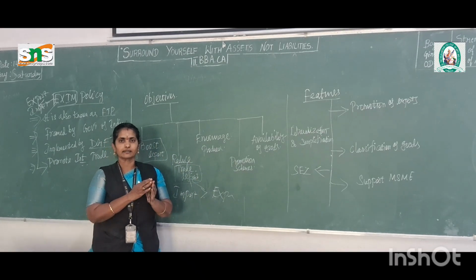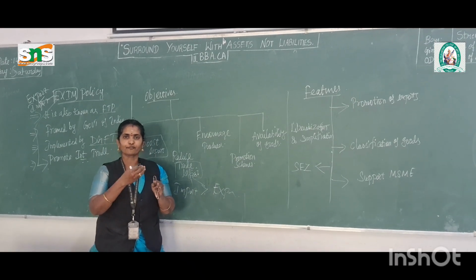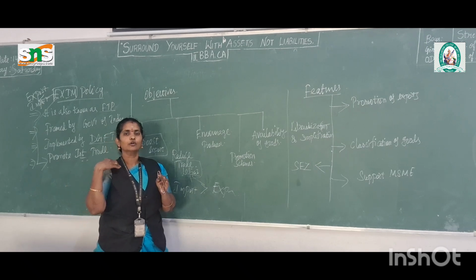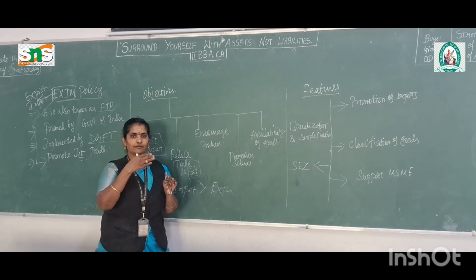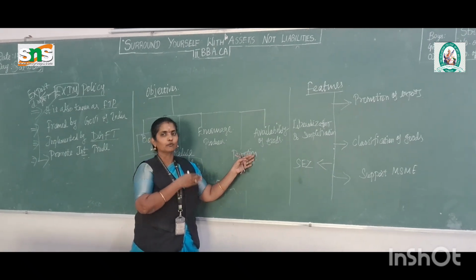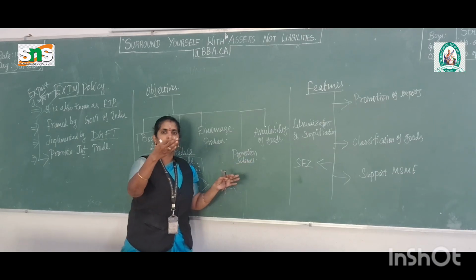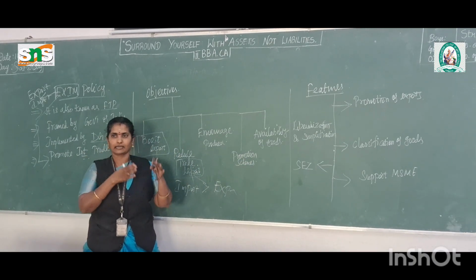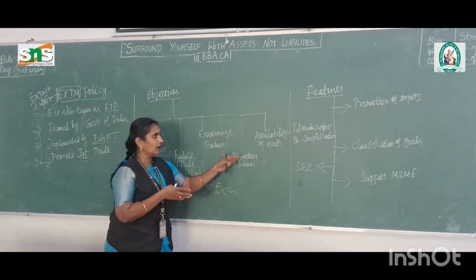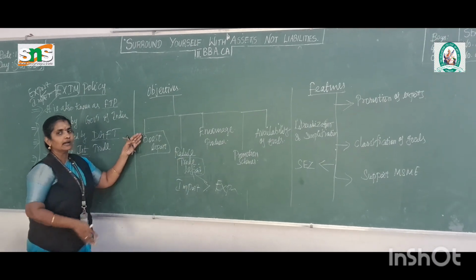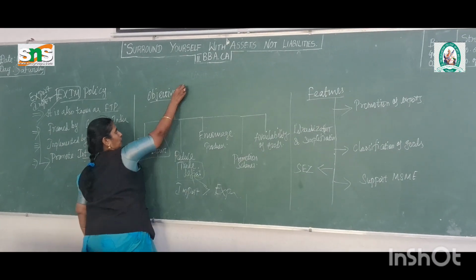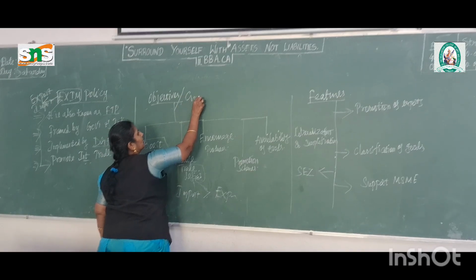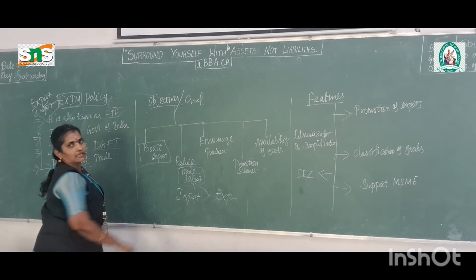Based on the goods produced and their consumption, sufficient product should be available, and we send it to those who need it in the foreign country. They have to take care of all that. All of this comes under the objectives, or sometimes you can call it the goals, of the EXIM policy.